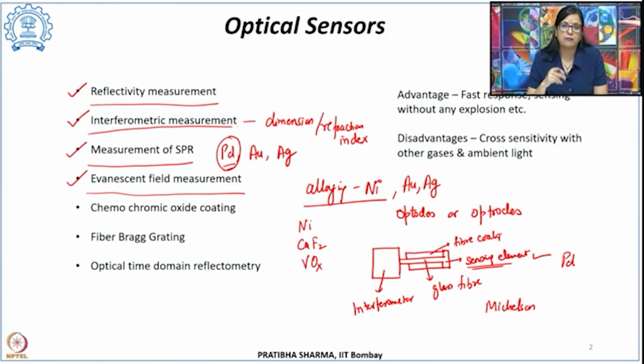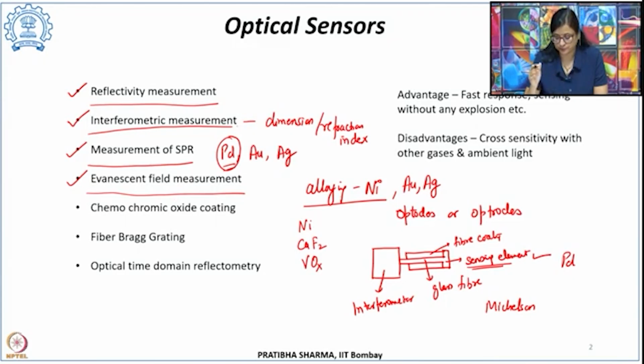For example, in case of optical fiber, it occurs at the core of the optical fiber. Now this evanescent field decays from the core as we move away from the core, and it decays exponentially.